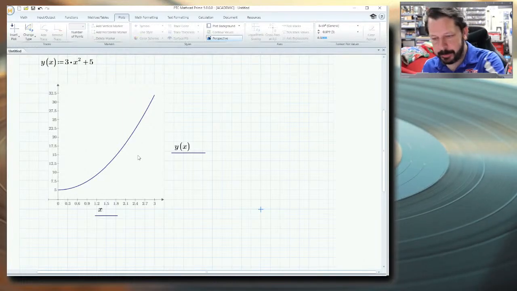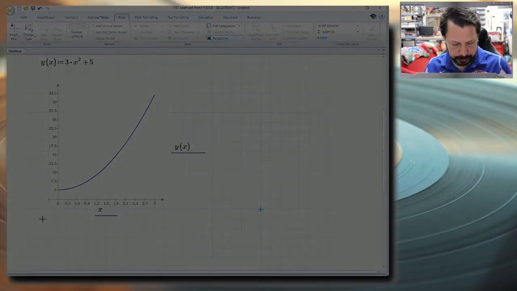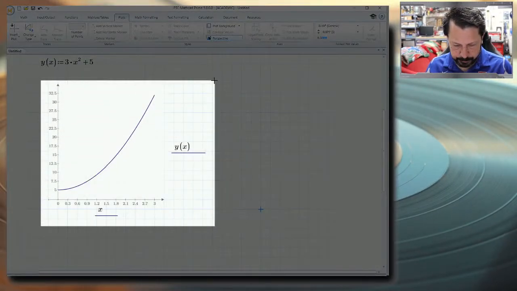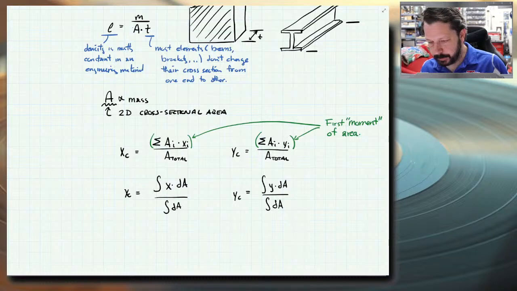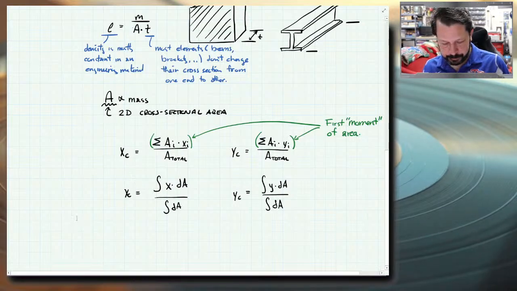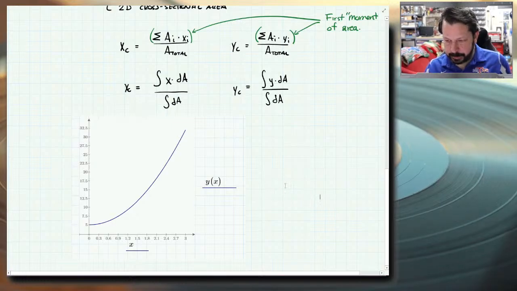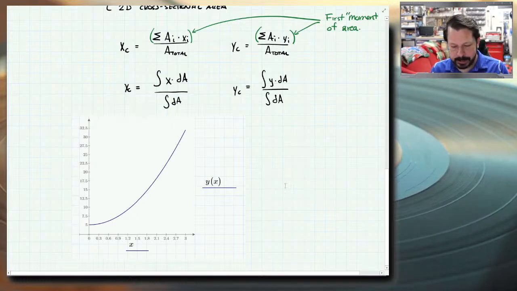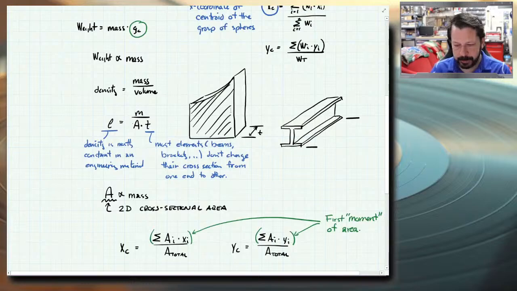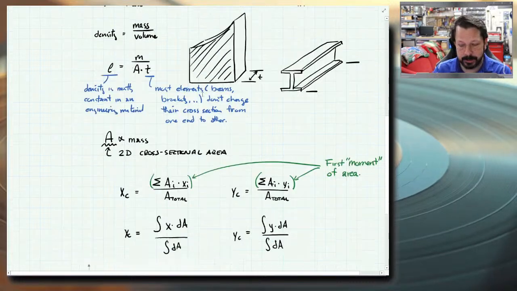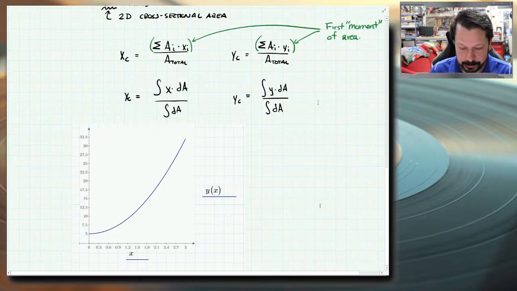In fact, let's copy it so I can actually draw on it a little bit. So we'll go back over here and paste this in. Just to be clear on what this area is, it's kind of like the one I drew right here, where it's got this parabolic shape on the top, rectangular everywhere else, and it's extruded into the paper or into the screen.